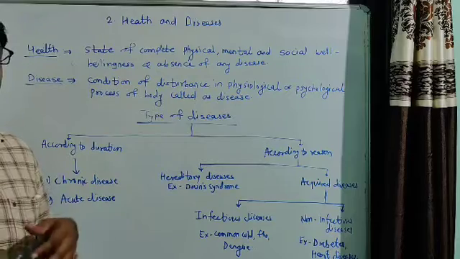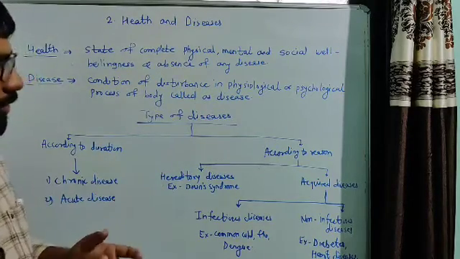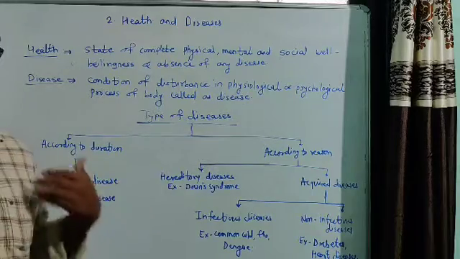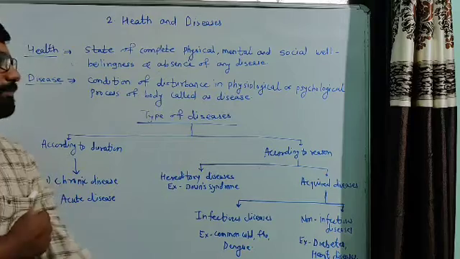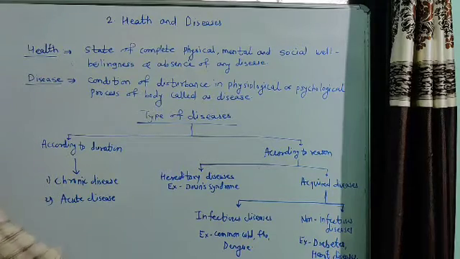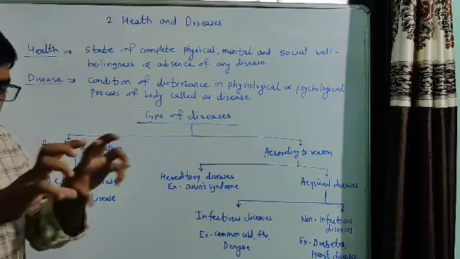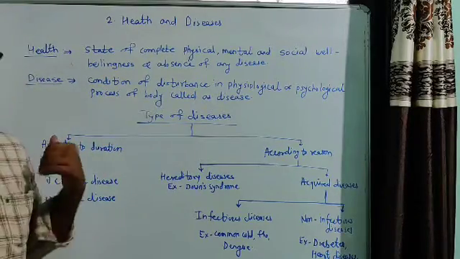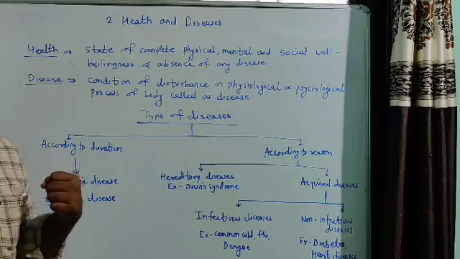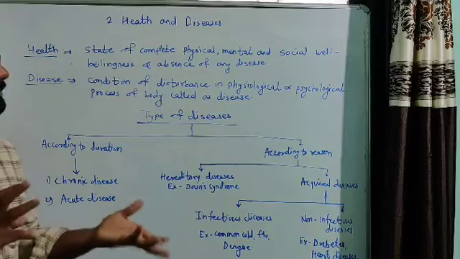Sometimes we have to consult a doctor, and by taking proper treatment we get cured of that disease. So at the time of sickness, our mental stability and physical stability get disturbed.